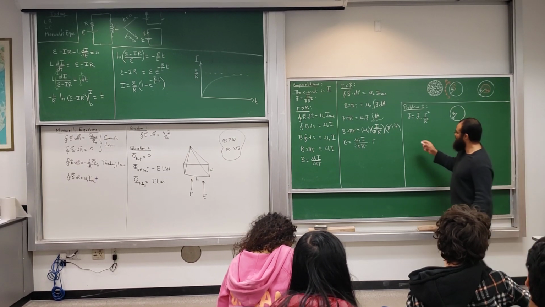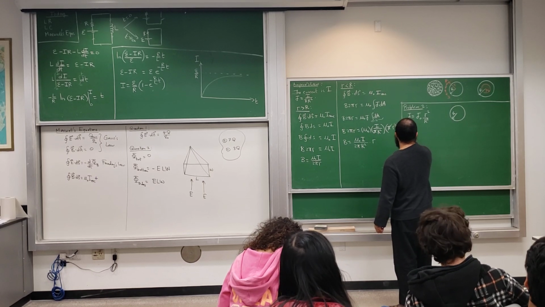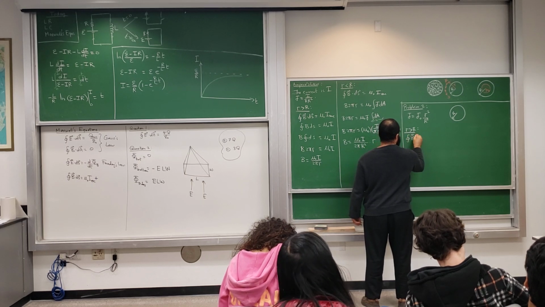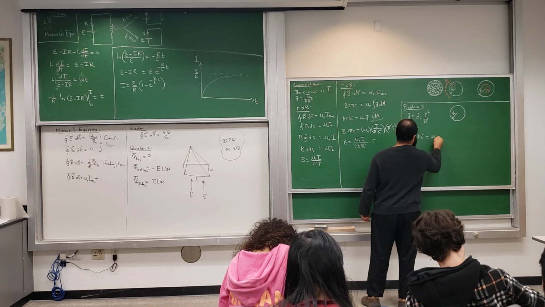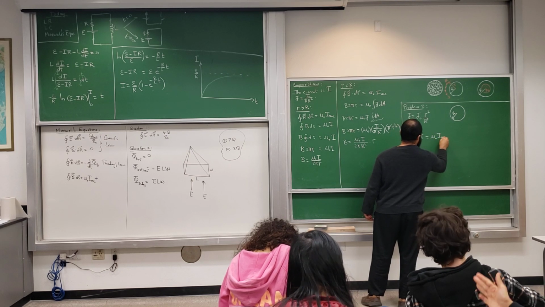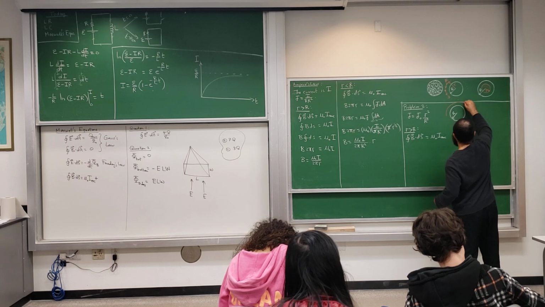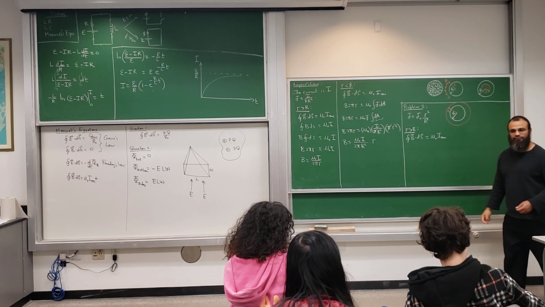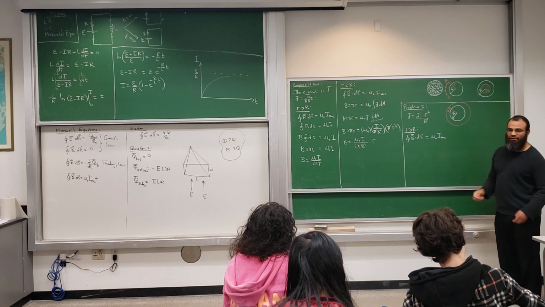And so, for little r greater than capital R, B dot ds is equal to mu naught times the current enclosed.